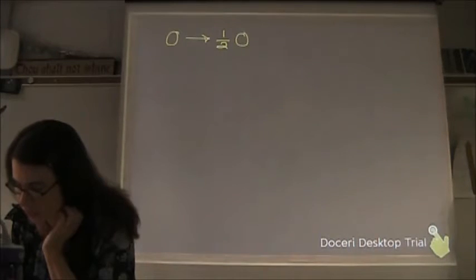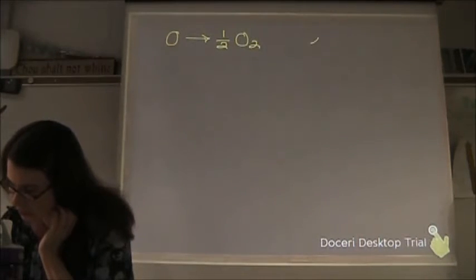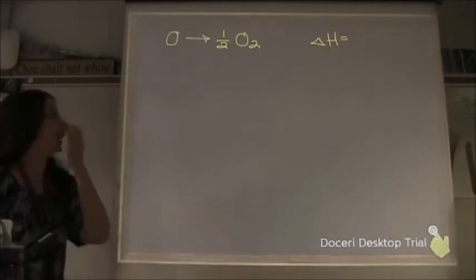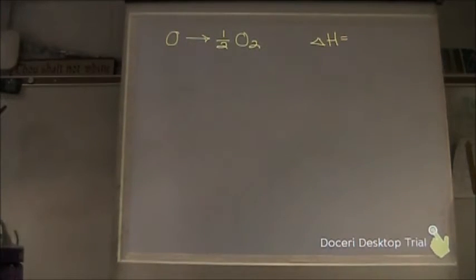I know that looks a little strange. We typically don't have fractions for coefficients, but we are this time. So that number was negative, and I'm going to divide it by 2. Okay. Let's come back.